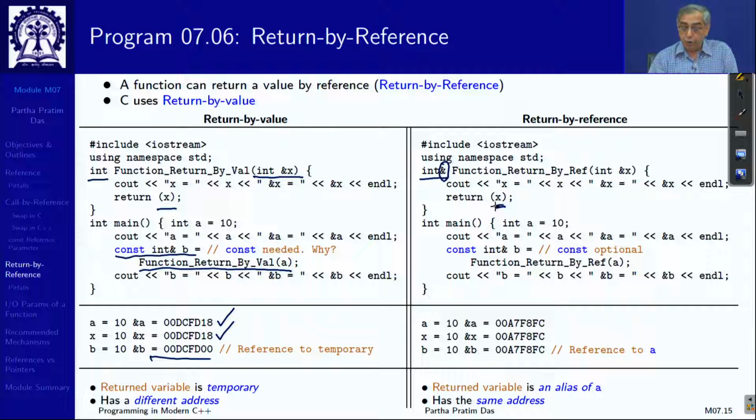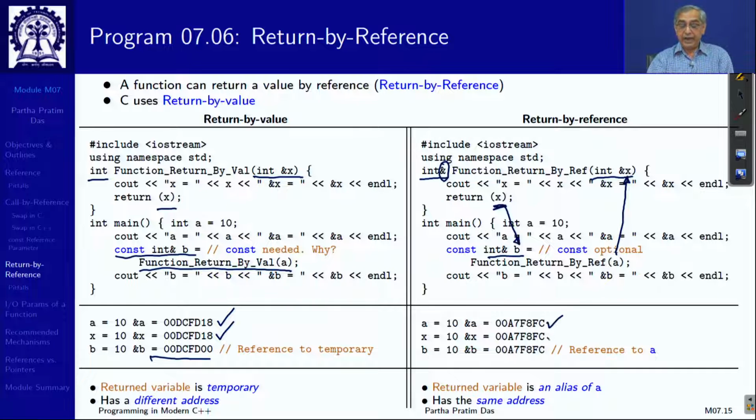Right. So, when I set int ampersand b, it basically becomes a reference to x, and you can see that I pass the parameter also as x. So, x is an alias of a and b is an alias of x.